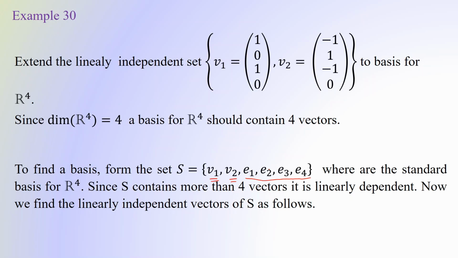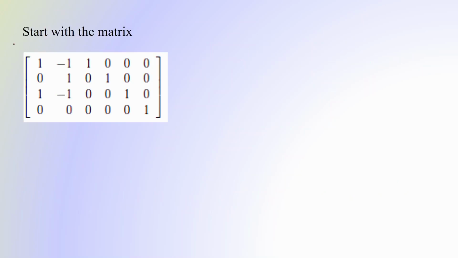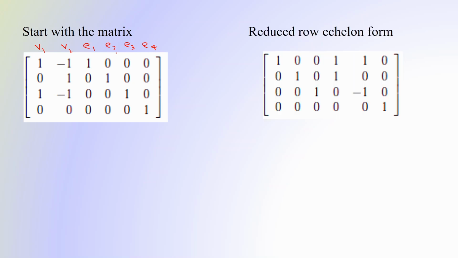Since S contains more than 4 vectors, it is linearly dependent. So we want to find the linearly independent vectors of S. We can do it as follows. We form a matrix with column vectors v1, v2, e1, e2, e3, e4. Now you convert it into reduced row echelon form.